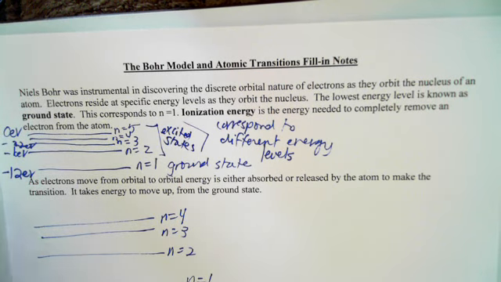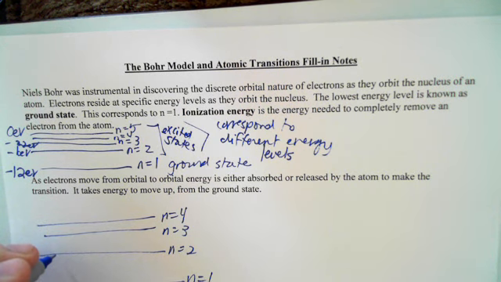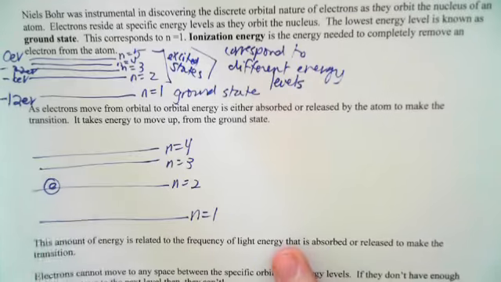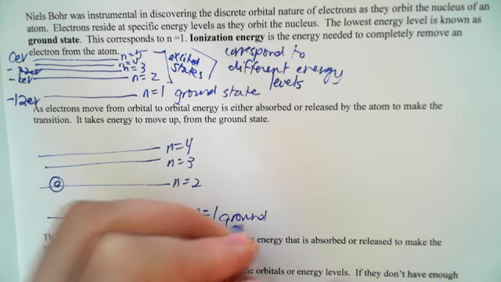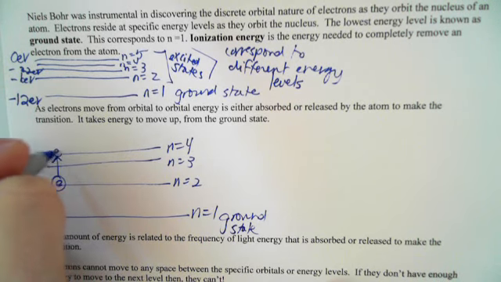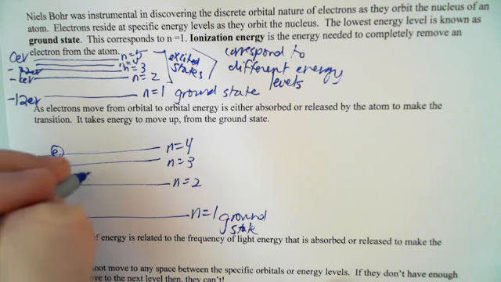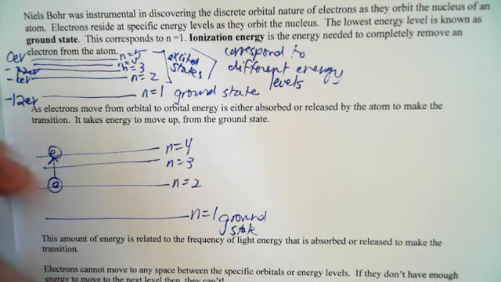So for example, if I have an electron here, in order to get that electron to move up to a higher energy level, and this is the ground state, in order to get an electron to move up, let's say to here, I have to add energy, and most of the time this is in the form of a photon that bombards the atom.